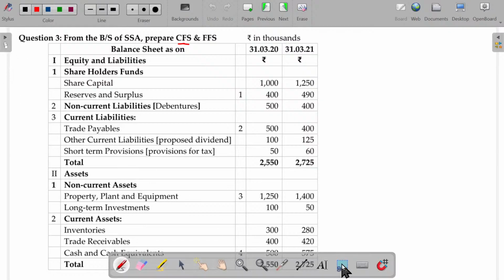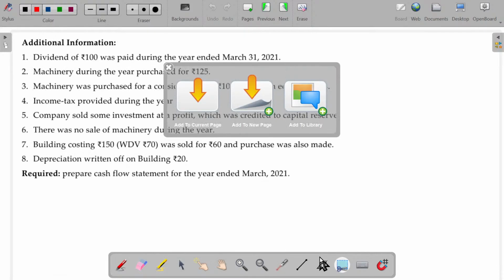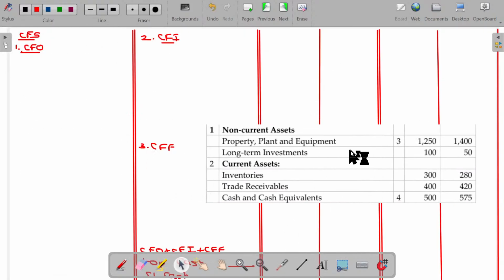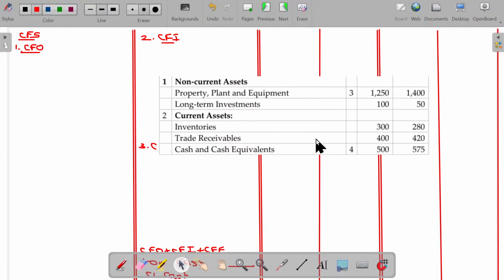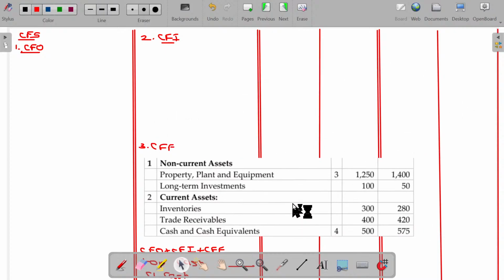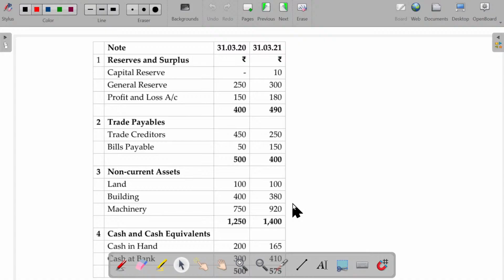I start with the assets to be posted. In these assets, we have been given two schedules, schedule number 3 and 4.